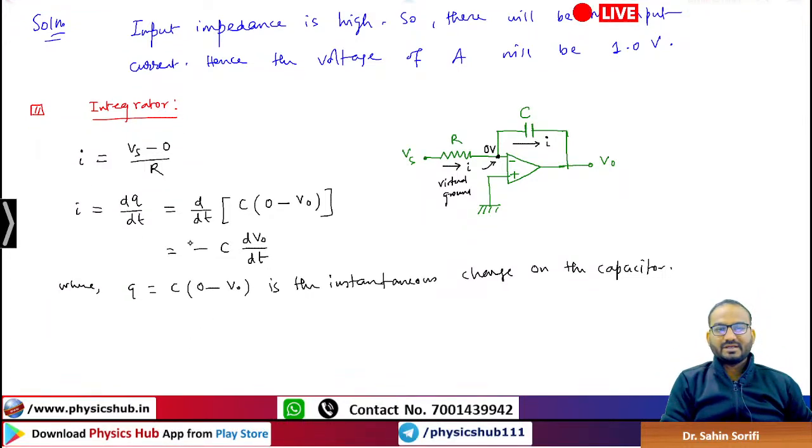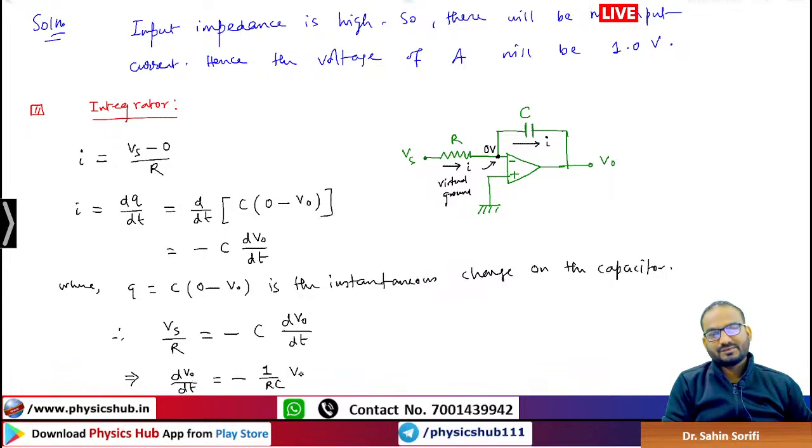So from this, can you calculate V0? Therefore, we have Vs by R is equal to minus C times dV0 by dt. And hence, dV0 by dt is equal to minus 1 upon RC times Vs.